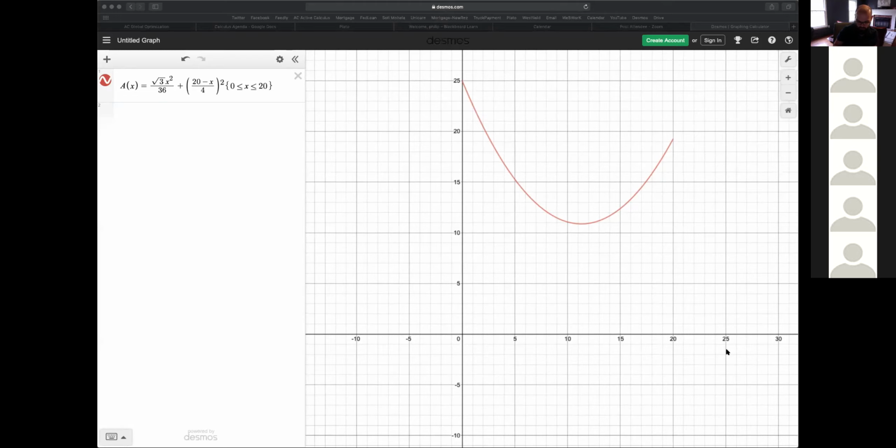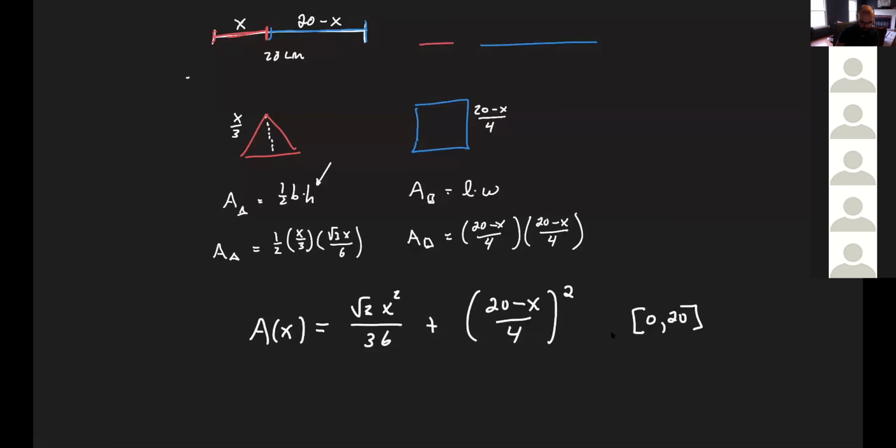If we're going to minimize, the amount of wire that you put into the triangle should be that 11.3, and then only about 8.7 should go into the square. That's going to give you your minimum area. So if you wanted to minimize a footprint or something of these things you had to create, that would be the dimensions that you wanted.